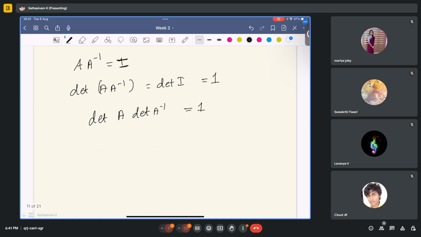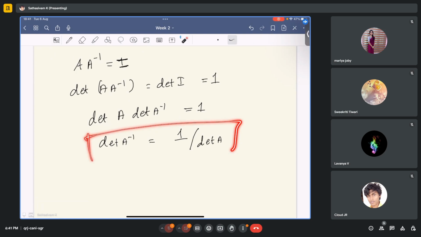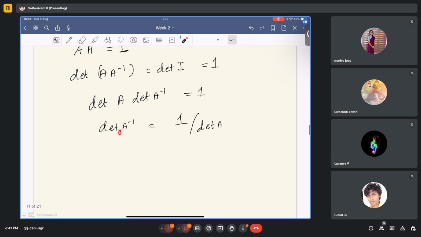So from here we can observe that determinant of A inverse equals 1 by determinant of A, provided determinant of A is not equal to 0. Only in such a case does A inverse exist, right? Anyway, in our case determinant of A is 1, so determinant of A inverse is also 1.